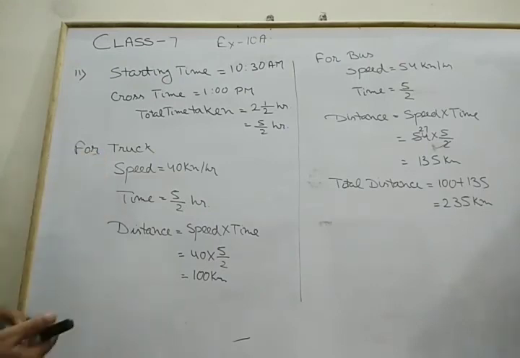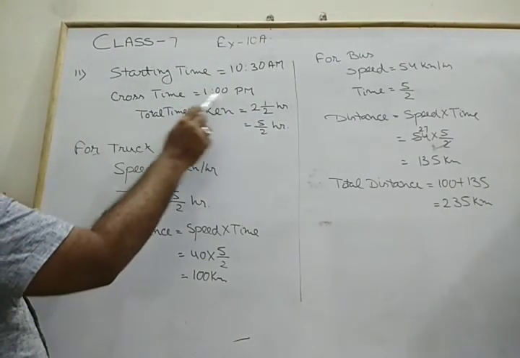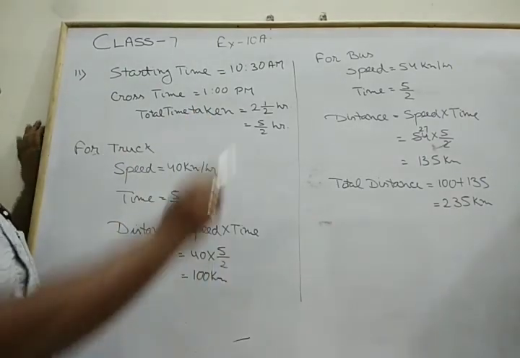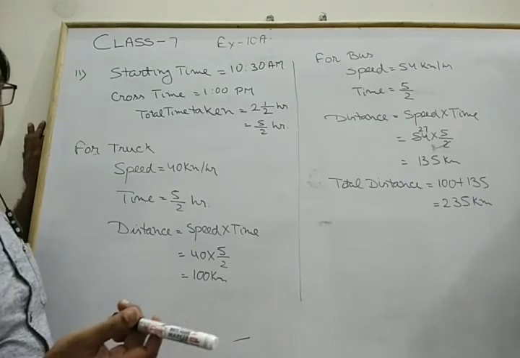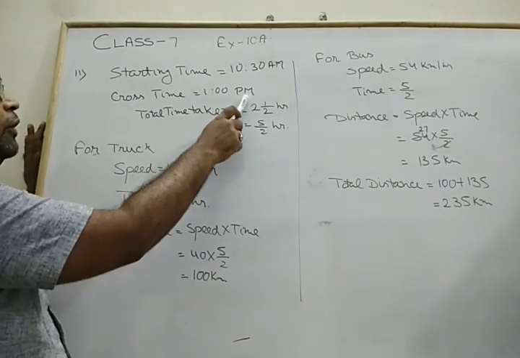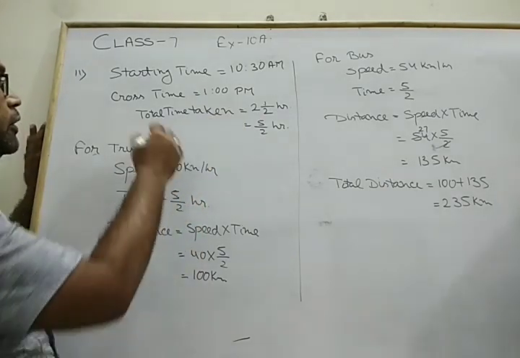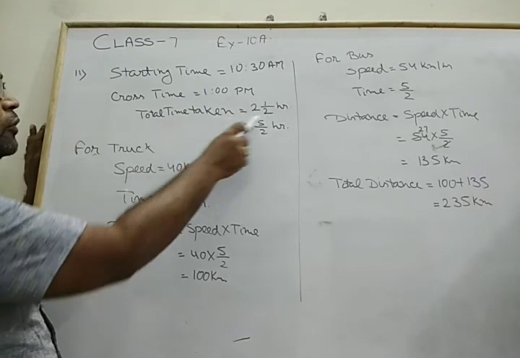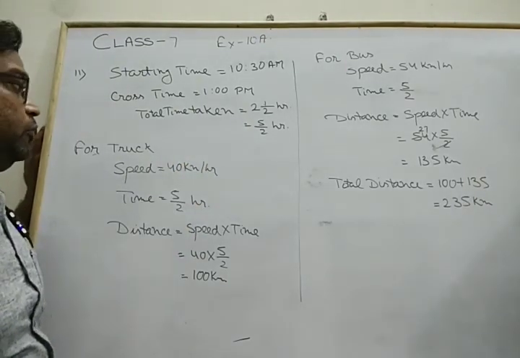They start the journey at 10:30 am from opposite ends towards each other, and cross each other at 1 p.m. So the total time taken to cross each other is 2 whole 1 upon 2, that is 2.5 hours.